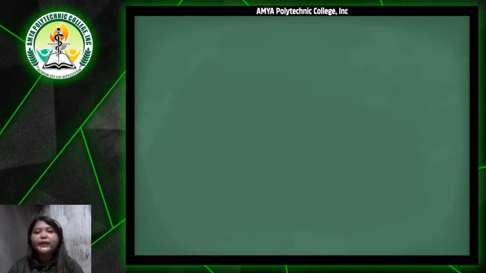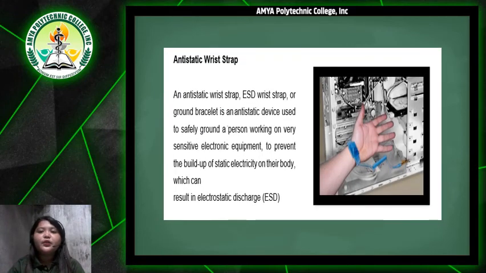And the last one is the anti-static wrist strap, also known as the ESD wrist strap or the ground bracelet. The ground bracelet is an anti-static device used to safely ground a person working on very sensitive electronic equipment to prevent the buildup of static electricity on their body, which can result in electrostatic discharge or ESD.